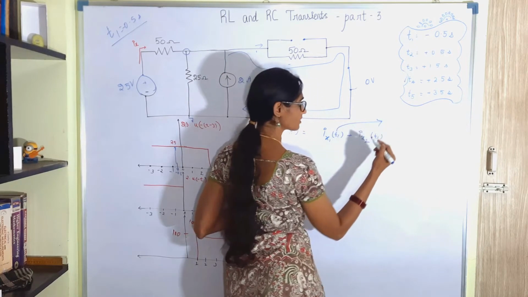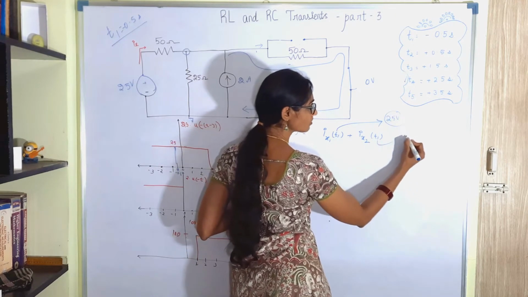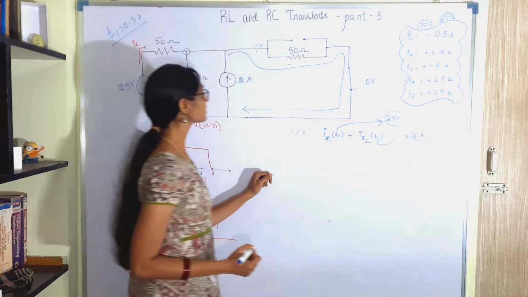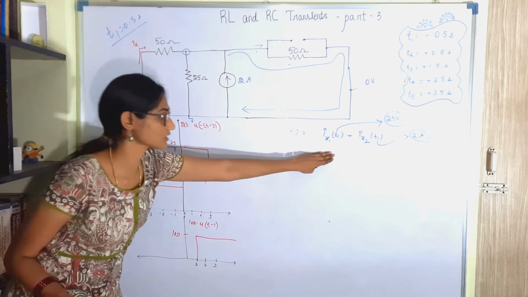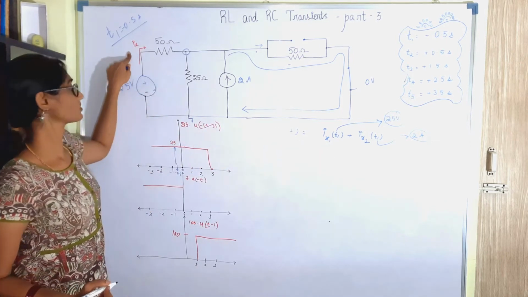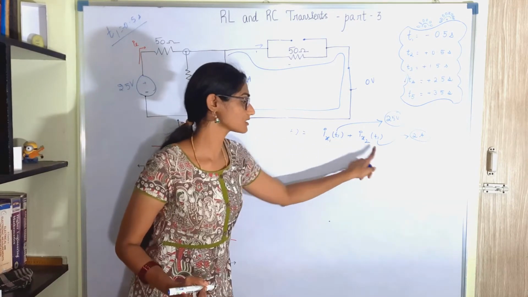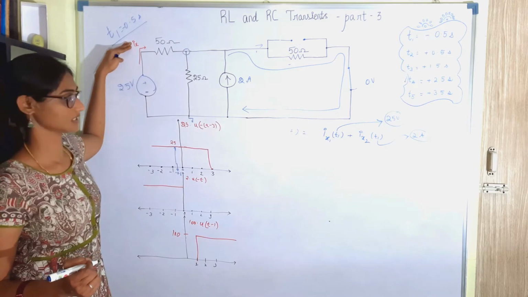So Ix1 is contributed by the 25 volt source and Ix2 is contributed by the 2 ampere source. What current flows here because of the 25 volt source is Ix1 and what current flows here because of the 2 ampere current source is Ix2. Both are considered at the interval T1, or at the time of minus 0.5 seconds.